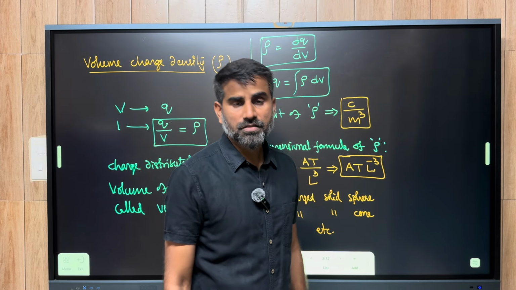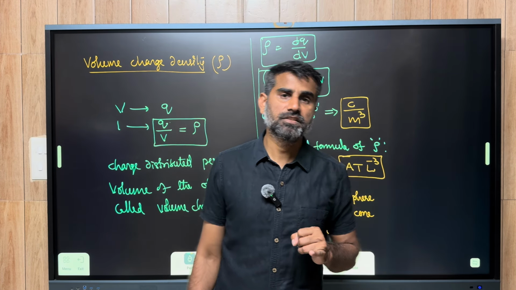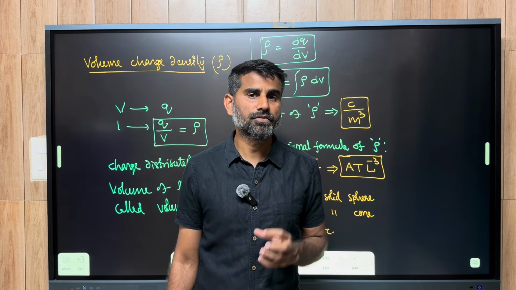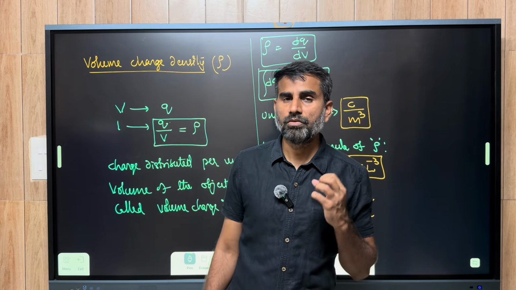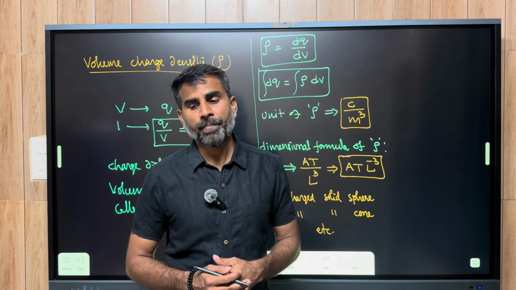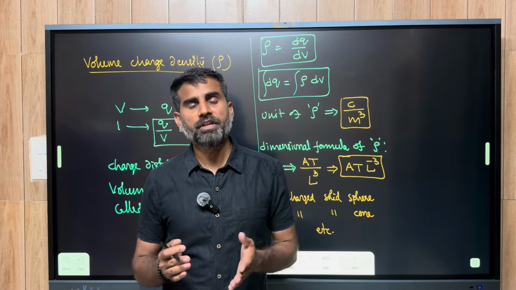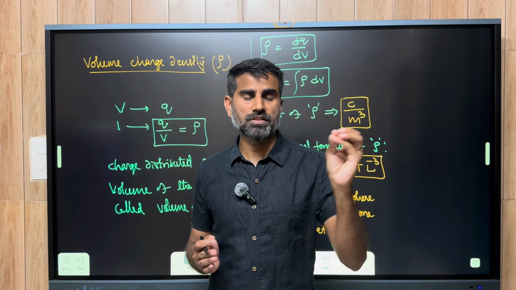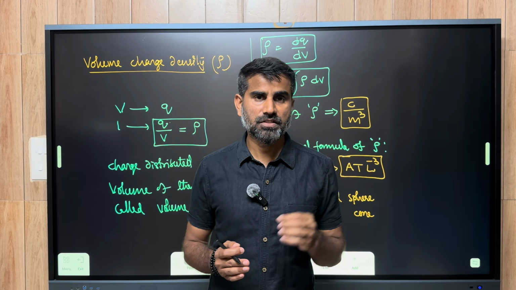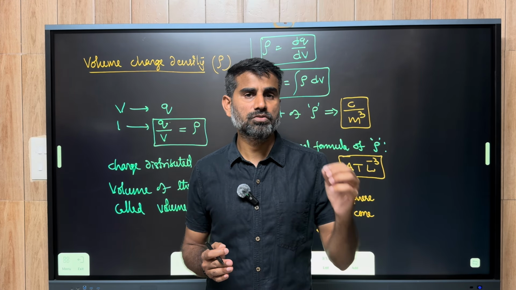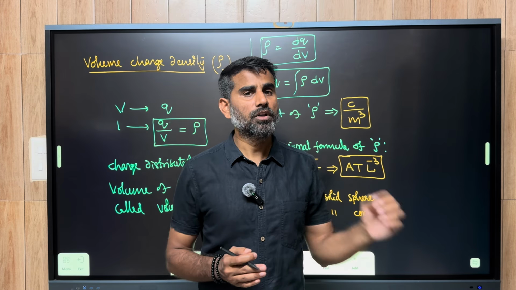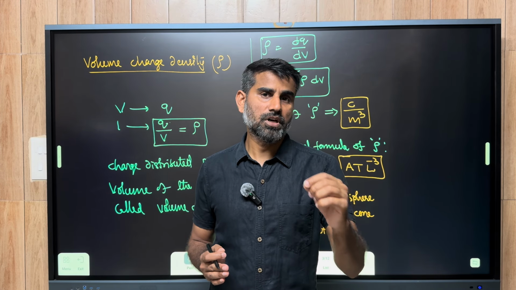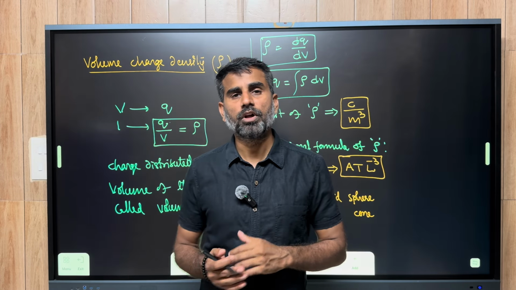So, in this lecture, we have learned about linear charge density, surface charge density, and volume charge density, the three basic types of charge densities. The linear charge density formula is lambda equal to charge per unit length, charge by length. The surface charge density formula is sigma equal to charge per area, Q by A. The volume charge density formula is rho equal to charge per unit volume, charge by volume.